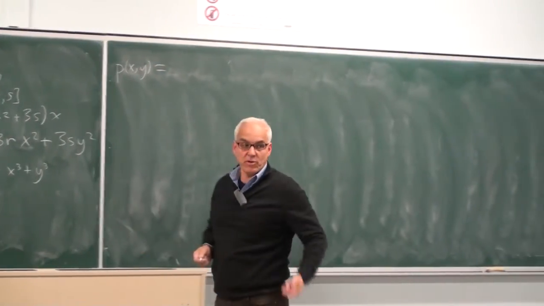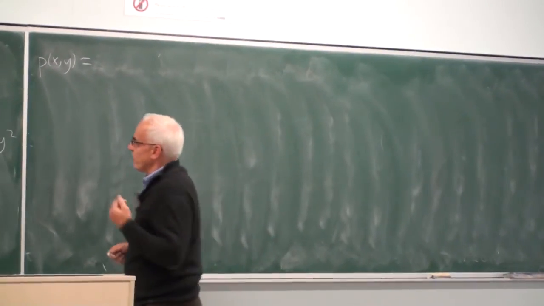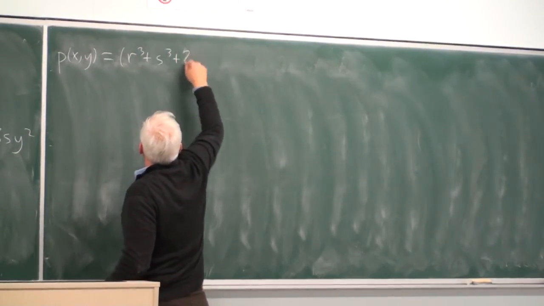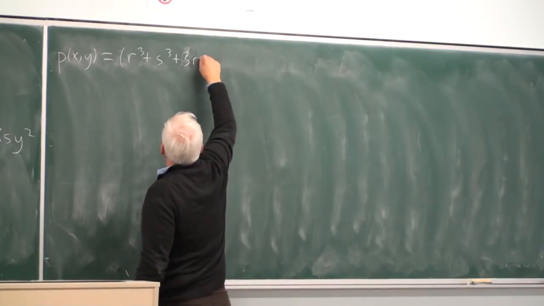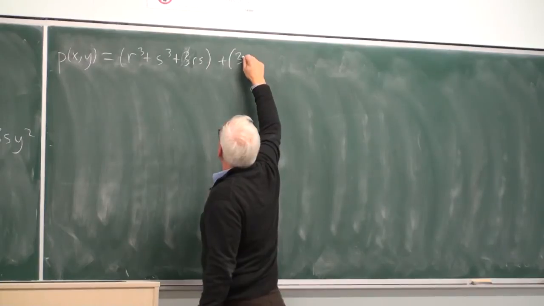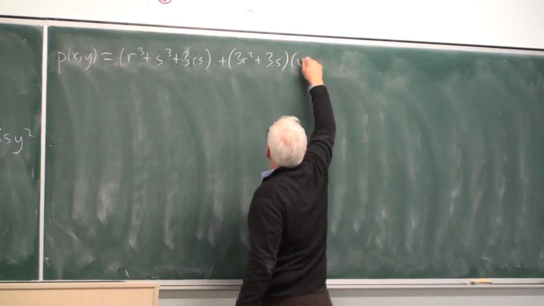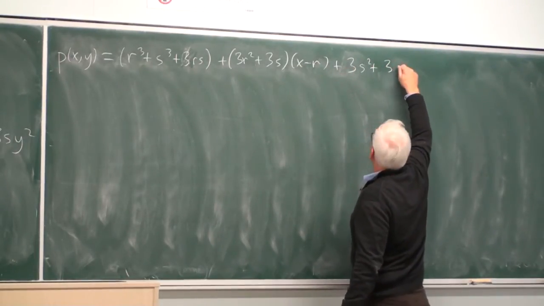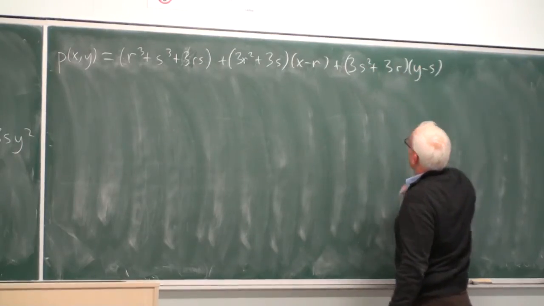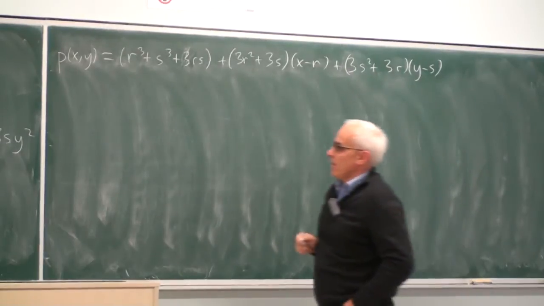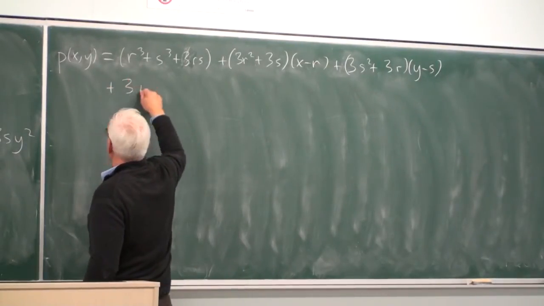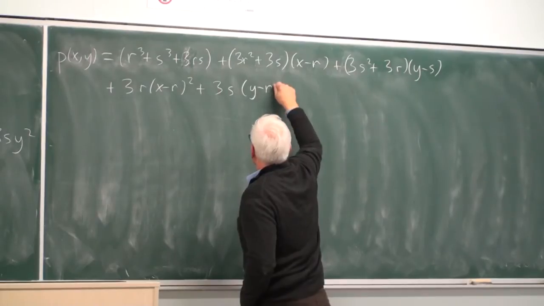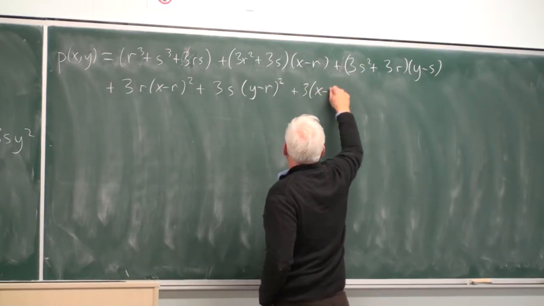We'll now take this expression, replace x with x minus r, and we'll replace y with y minus s to get r cubed plus s cubed plus 3rs plus 3r squared plus 3s times x minus r plus 3s squared plus 3r times y minus s plus 3r times x minus r squared plus 3s times y minus s squared plus 3 times x minus r times y minus s.